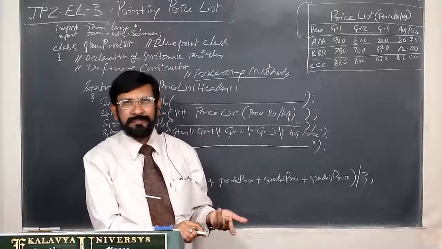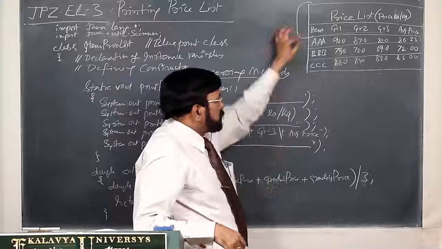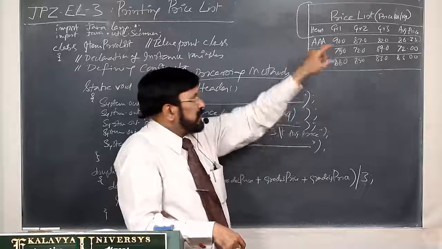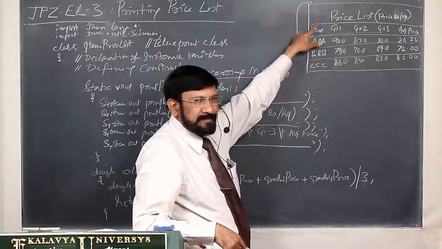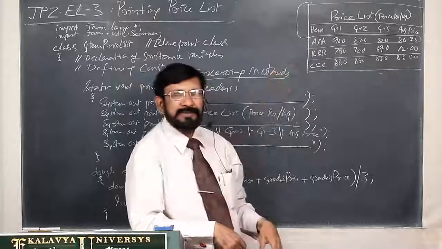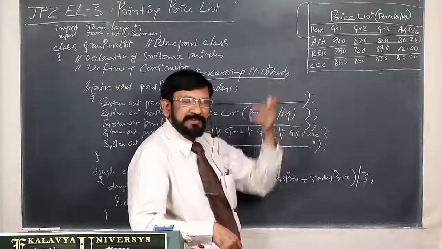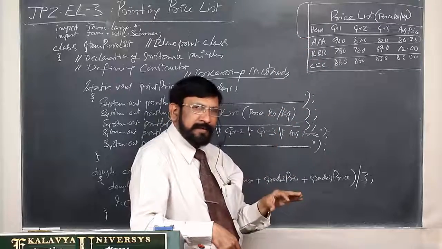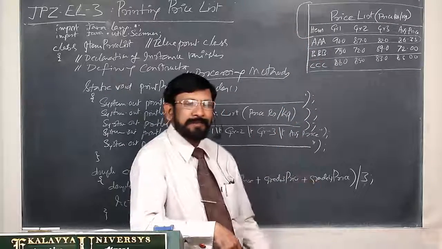The heading is common. If you make it an instance member, then when one client asks for 1 it comes, when another asks for 2, it comes again. So duplication is not required. In this price list 100 items may be there, but one heading will be there.